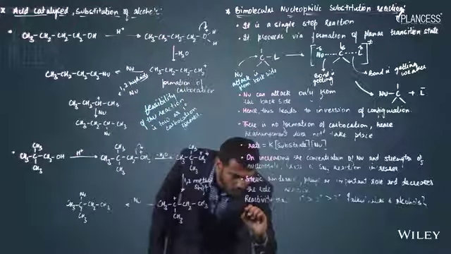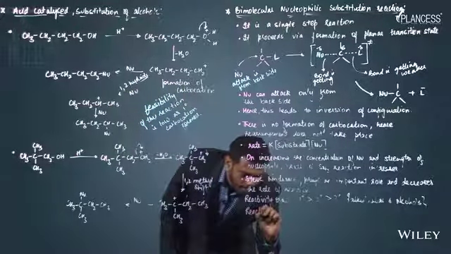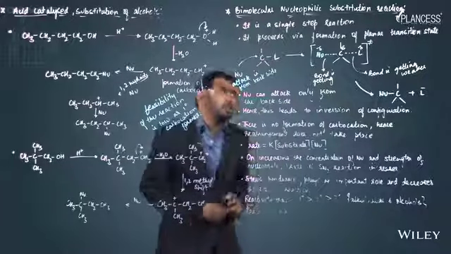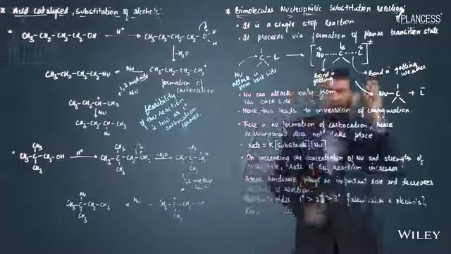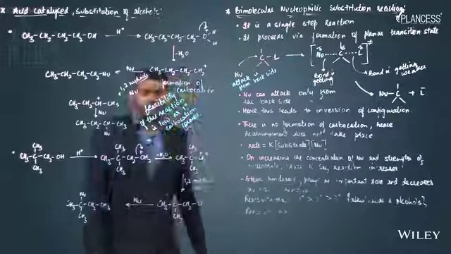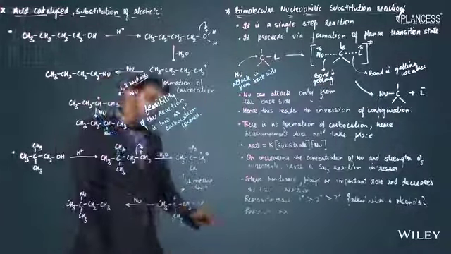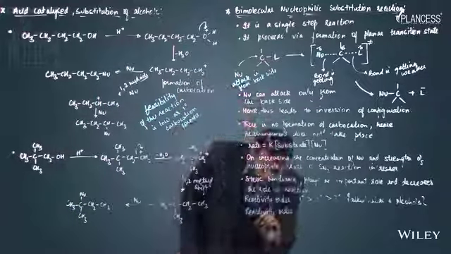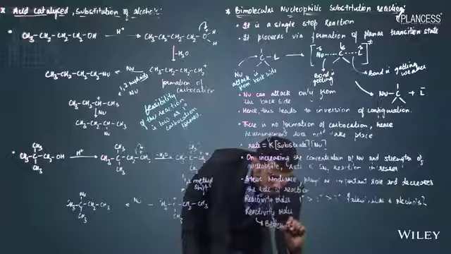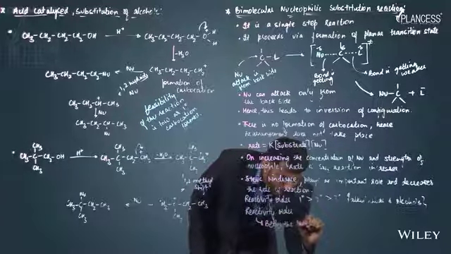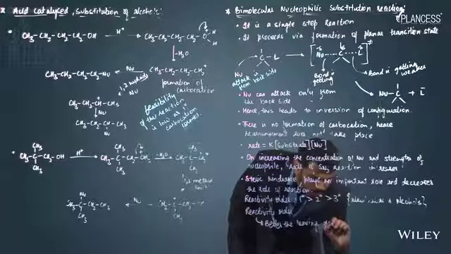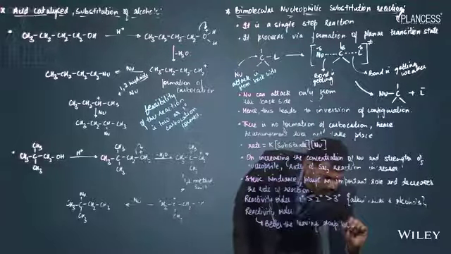Similarly, the reactivity order for leaving group: as the leaving group is again involved, there is only one step. So as the leaving group is involved over there, the better the leaving group, the better is the rate of reaction.